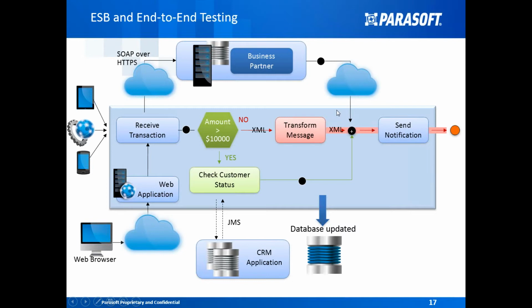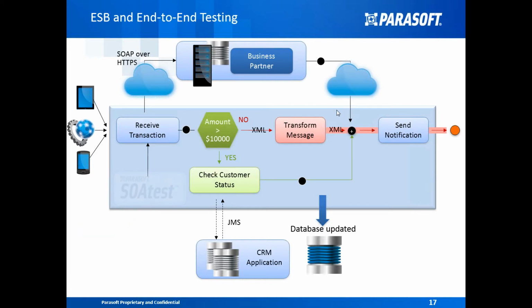So ultimately, in this complex world of many distributed systems and many technologies, the testing of these systems is paramount. Where Parasoft fits in is first being able to automate at the UI level, so helping you improve the efficiency of your UI testing through SOAtest.